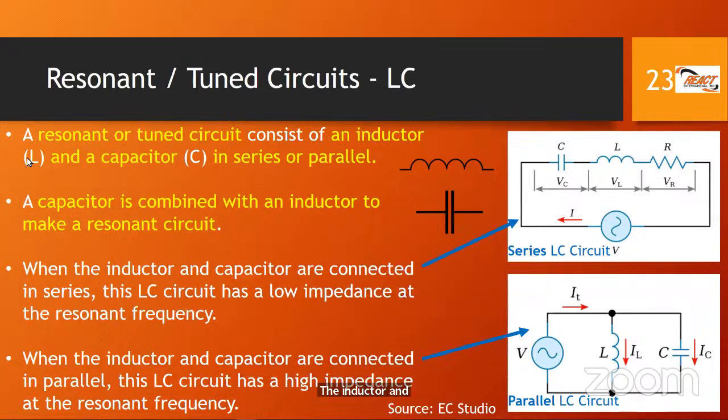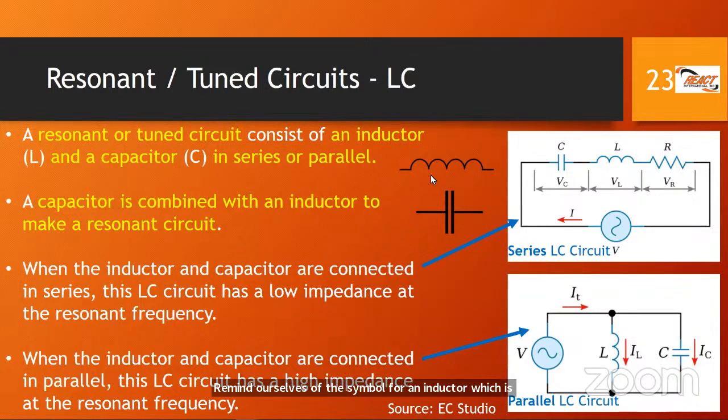Sometimes we'll call an inductor L and a capacitor C. That's the symbol we'll use to indicate that, right? We remind ourselves of the symbol for an inductor, which is here, it's like a coil, and then the capacitor that looks like two plates.